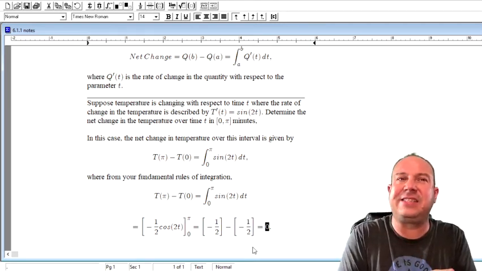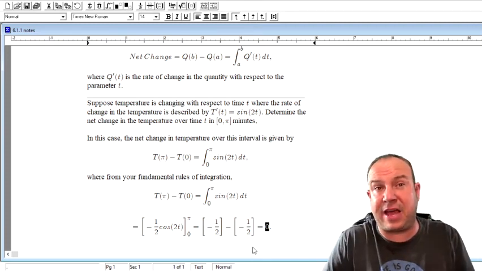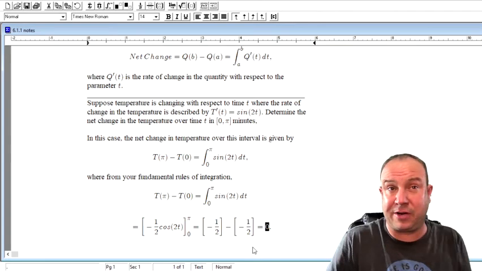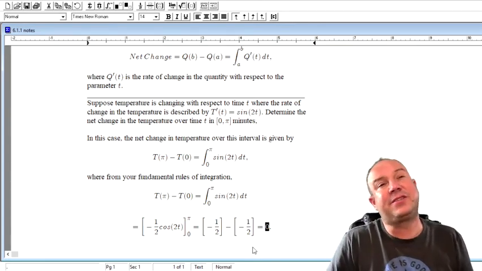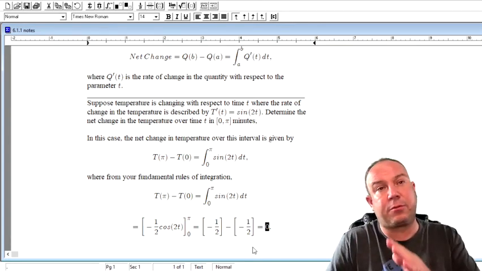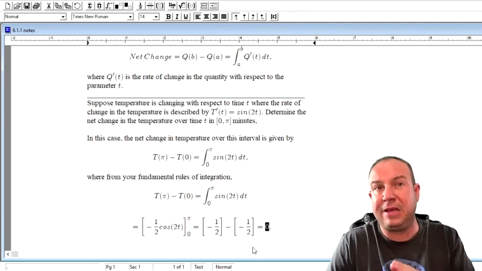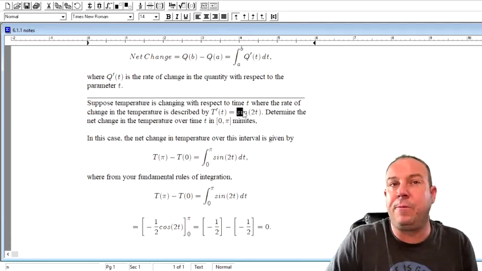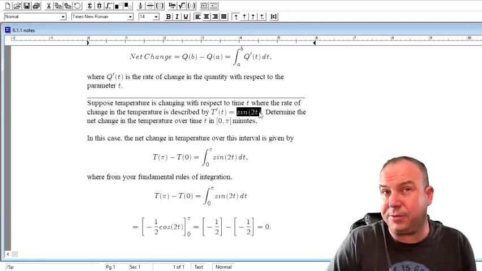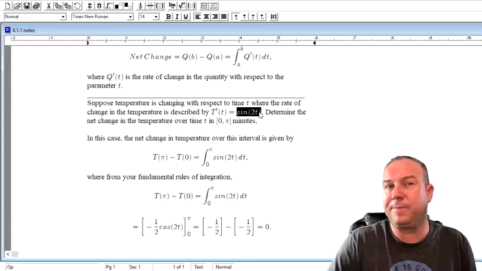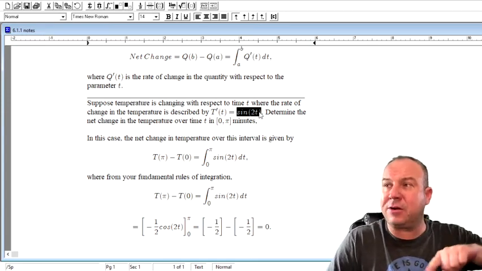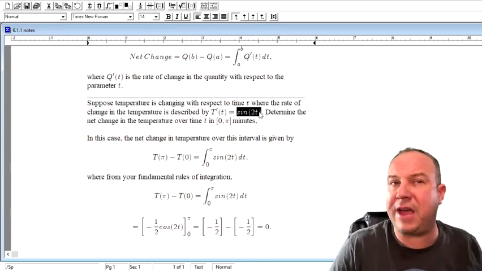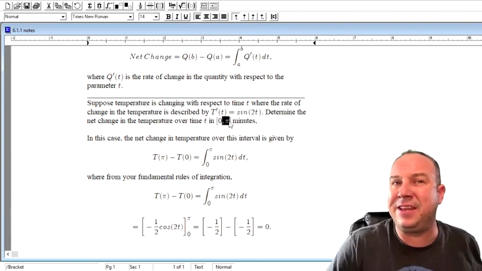In a sense, it tells you that the temperature returns to the value that it was at when it started. It certainly fluctuates through that time, according to this rate of change, but cycles in a manner that it returns to its value at the end of that interval.